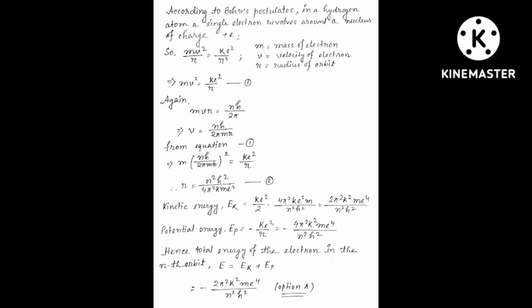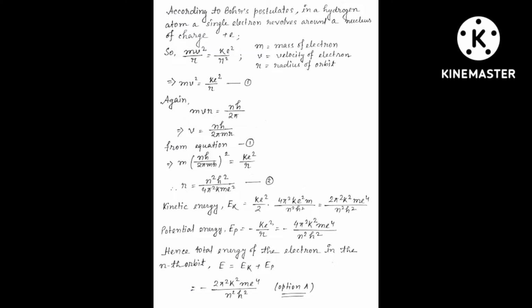It is represented by del square psi by dx square plus del square psi by dy square plus del square psi by dz square, equal to minus 4 pi square m square divided by h square into 2 upon m in bracket E minus V, times psi.